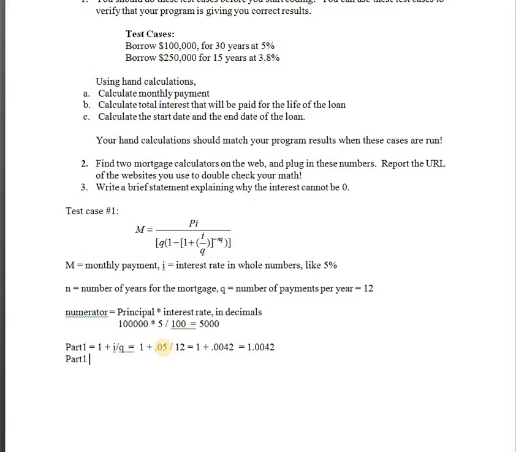Part 2 then is the next step, taking it to this power. So it's going to be part 1 to the power of minus NQ. N is the number of years, and that's going to be 30, times 12.